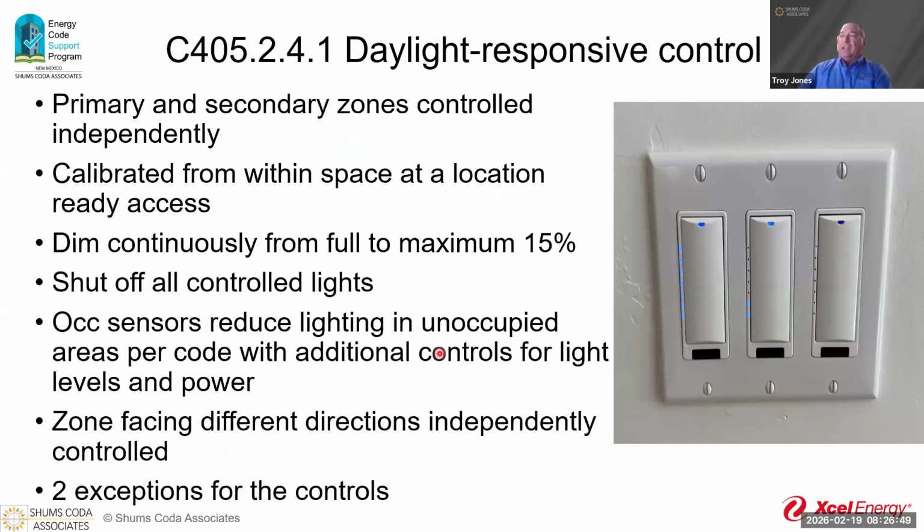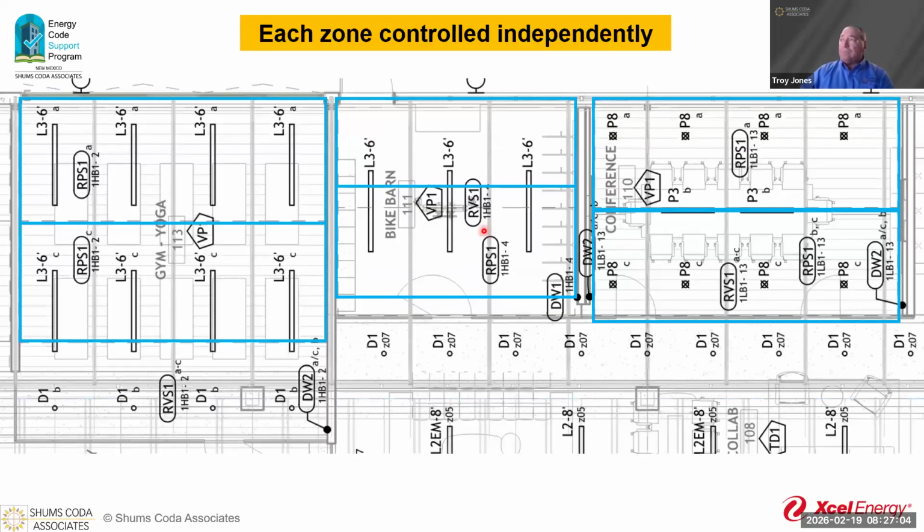Occupant sensors reduce lighting in unoccupied areas per code with additional controls for light levels and power. So this is where that sequence of control comes into play. We have an occupant sensor in this room that tells us that someone has left. When they come back in, the lights come on.